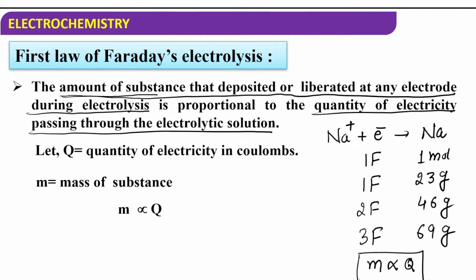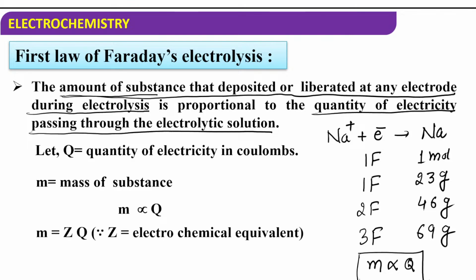Now, you know, there is a proportionality sign. So to remove this proportionality sign, we use a constant of proportionality, and this M becomes equal to Z into Q, and Z is called electrochemical equivalent.